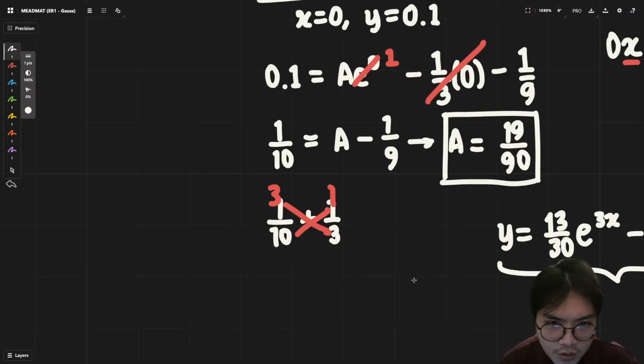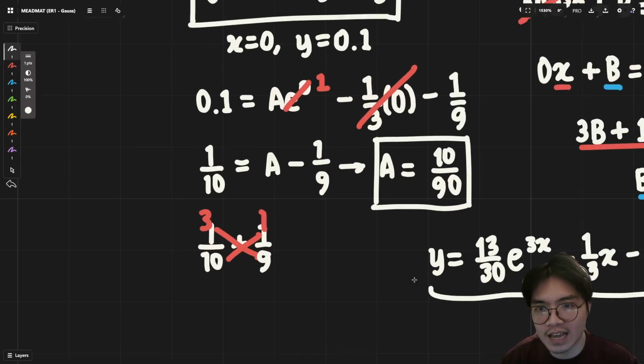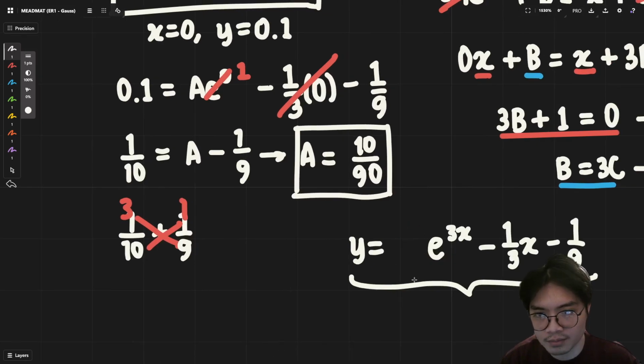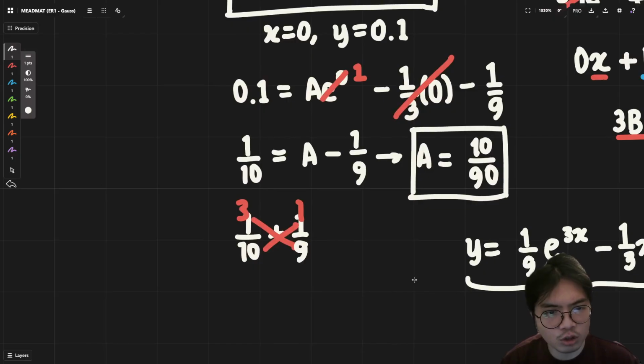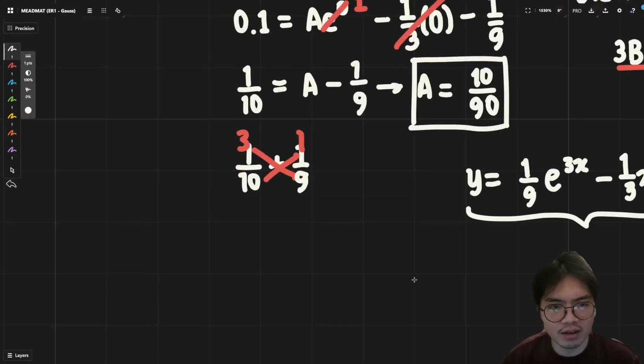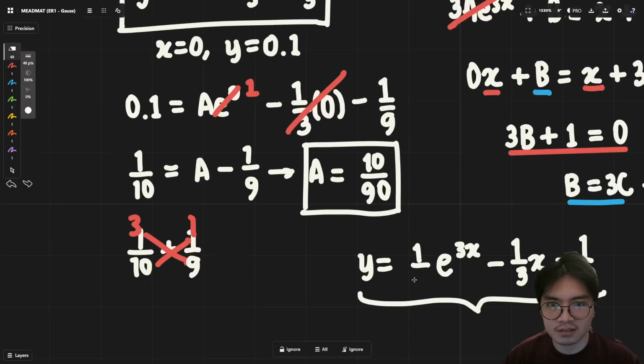Is that right? If we get this to be 9, we can now say that this is 9. Oh, this is 10 over 90. So this is 1/9. Is that right? It should be 110 plus 19. Should be 9 plus, no. It's 19 over 90.